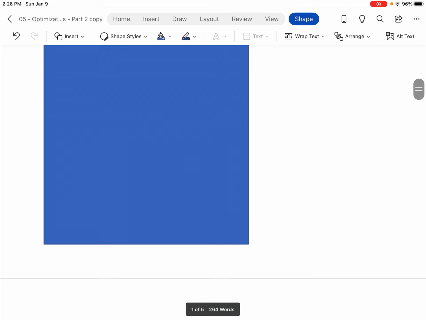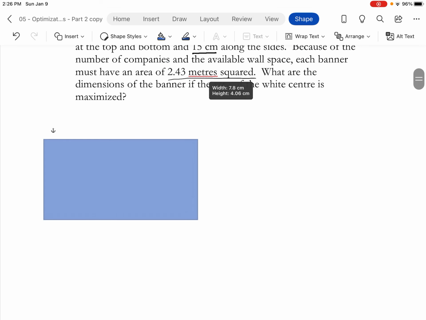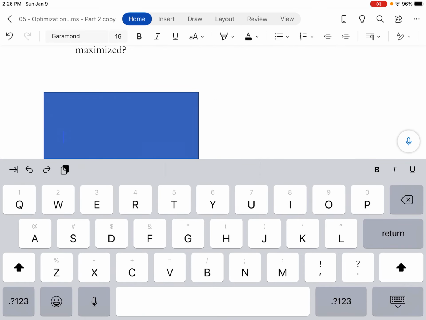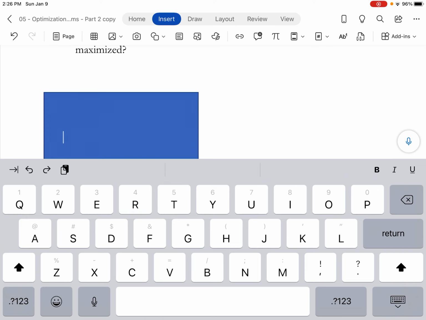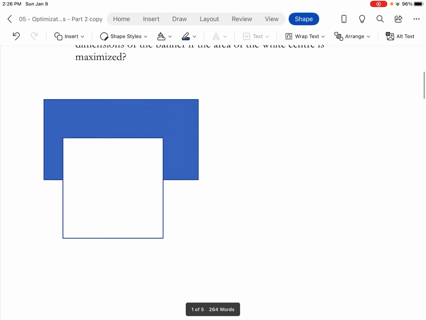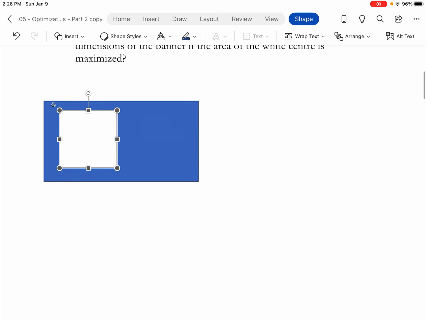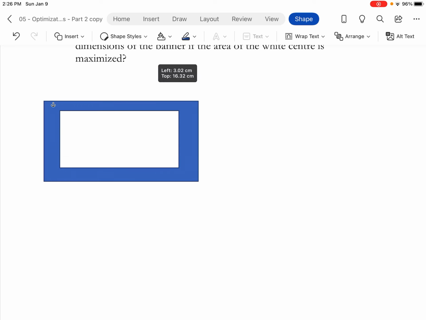Just tighten that down. So there's the colored border. I know it doesn't look like a border yet, but I'm going to insert another rectangle here. And that one, I'm going to change its color to white. So this will be the white center. This will be weird looking as I get it organized here, but when I'm done here, I think you'll sort of get an image of what's going on.